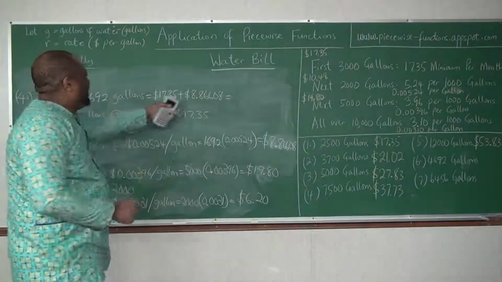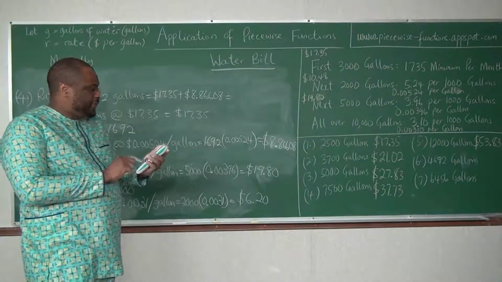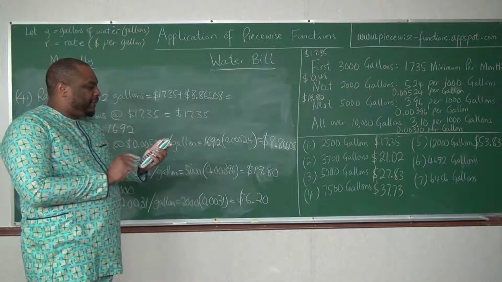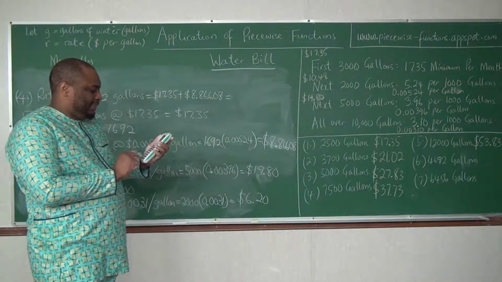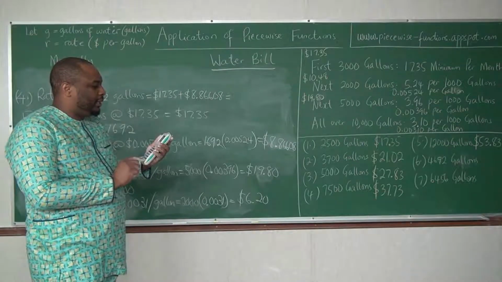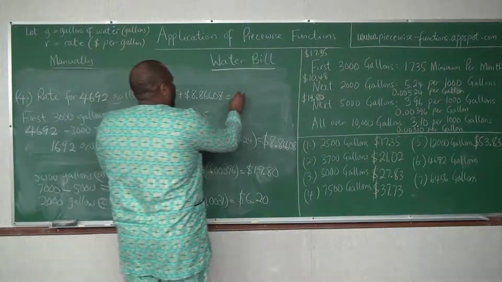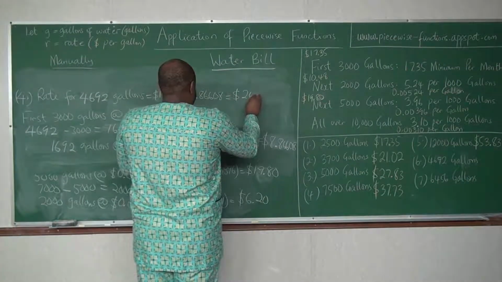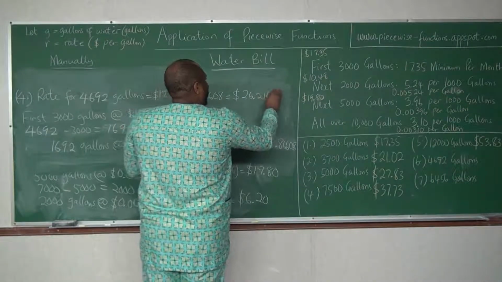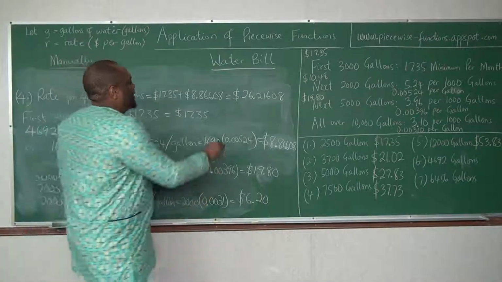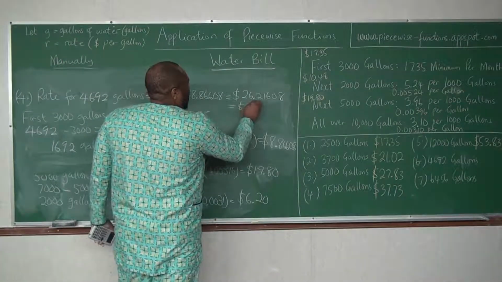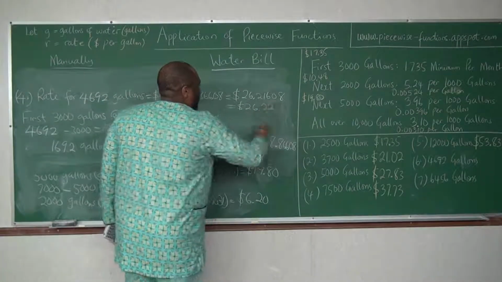So we add this up, 17.35 plus 8.86608 gives us 26.21608. Now we can round to $26.22.